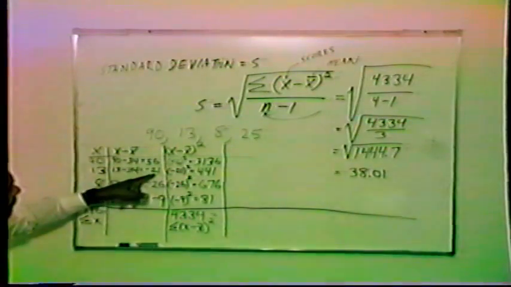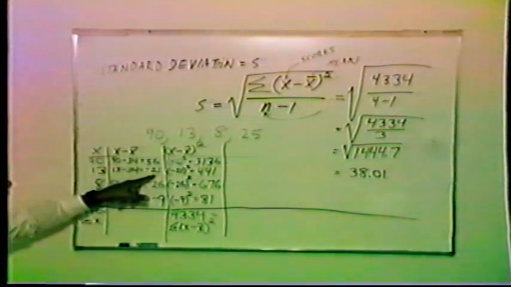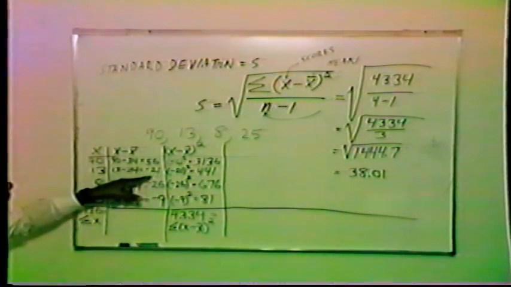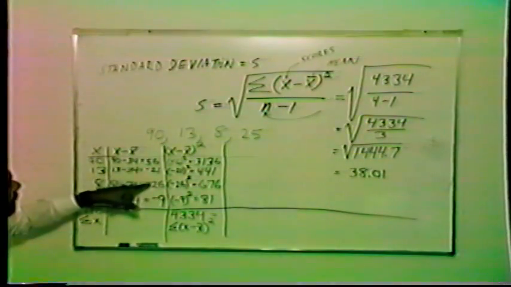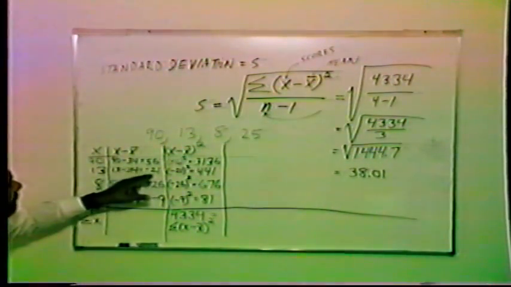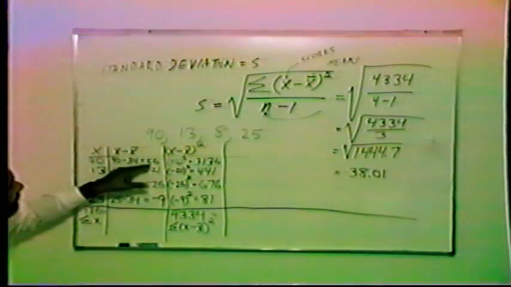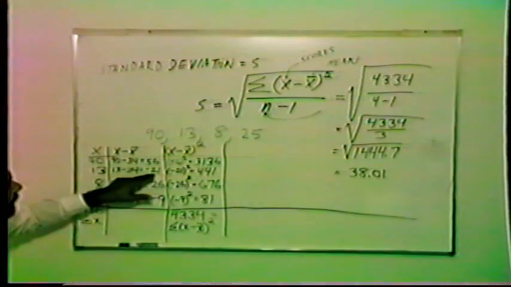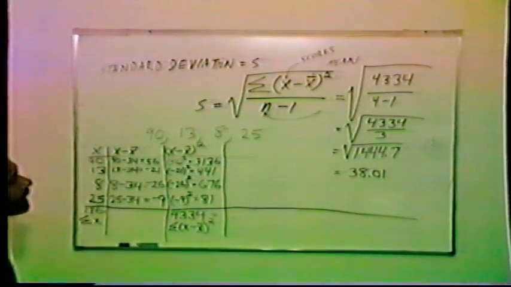If I have negative 21, for example, negative 21 would be closer to the mean than negative 26. Negative 21 would be closer to the mean than 56, even though the 56 is positive. The negative 21 would be closer to the mean, but it would be below the mean.